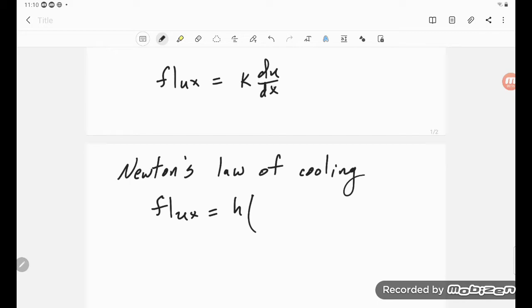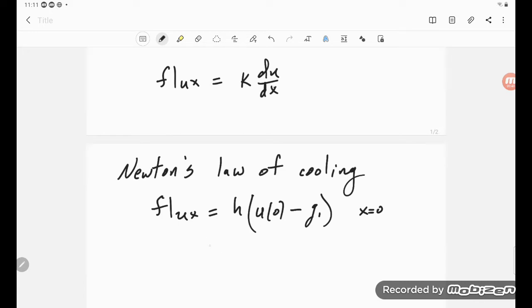times the difference in the heats. So at the left end, where x is 0, you would have u of 0 minus your g1. Now, I didn't make it as a function of t yet because we'll add that in. But you would have that at x equals 0.